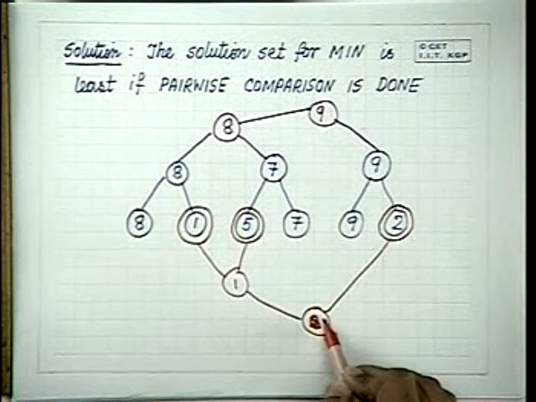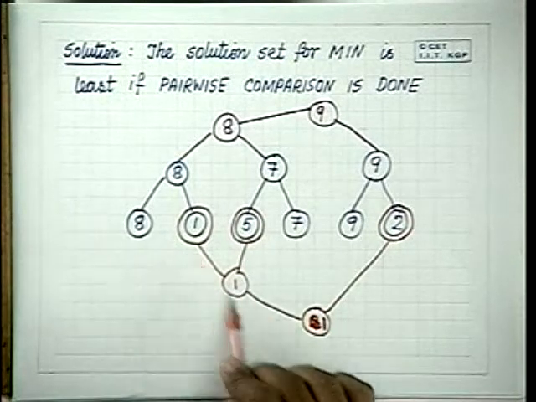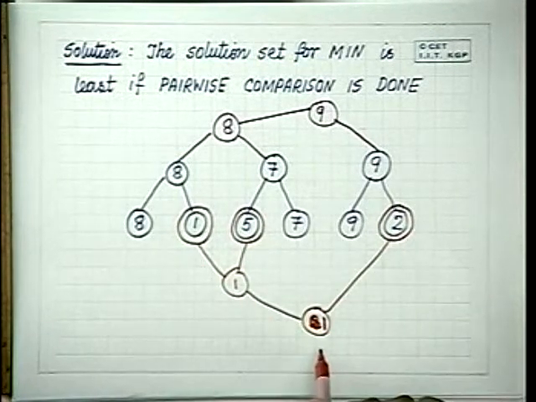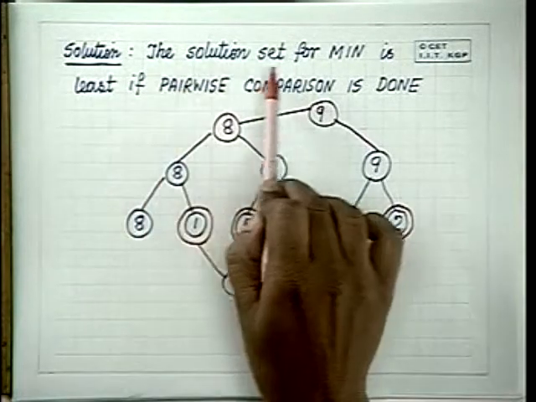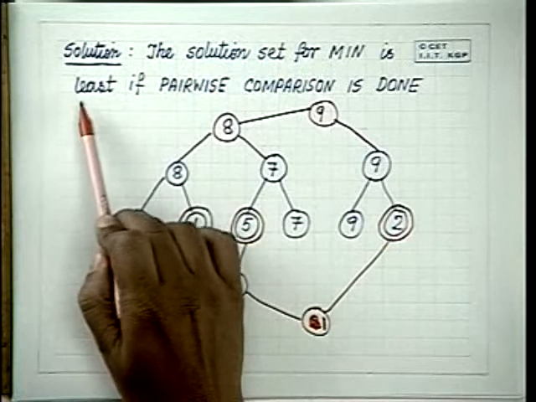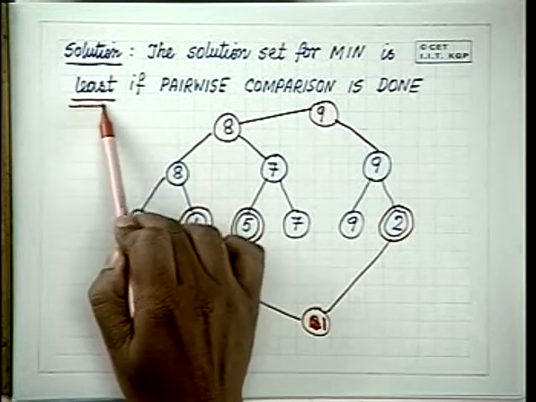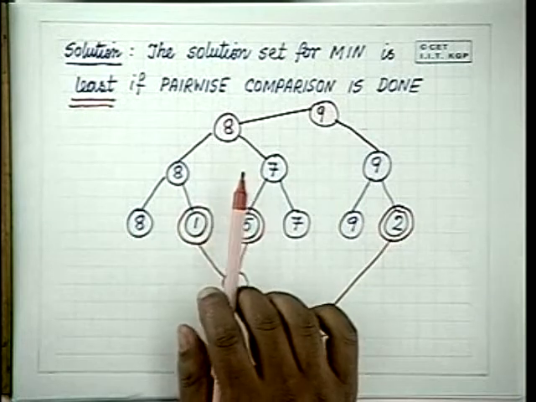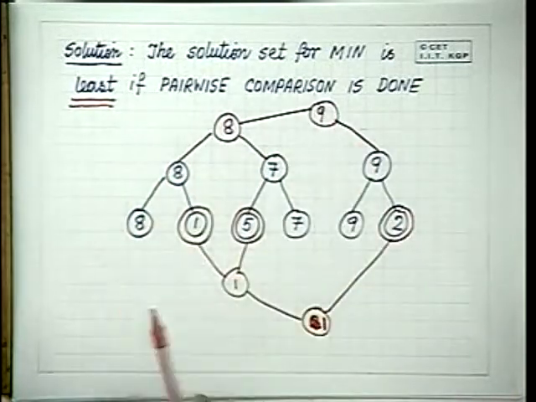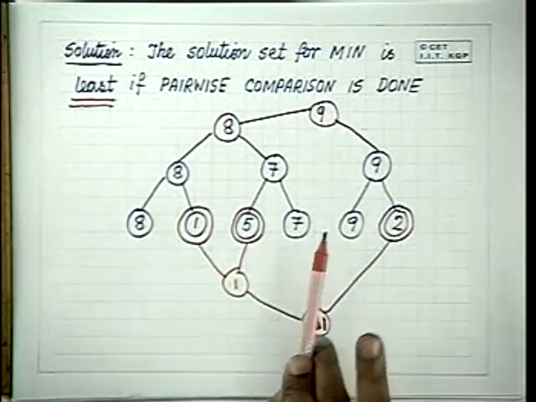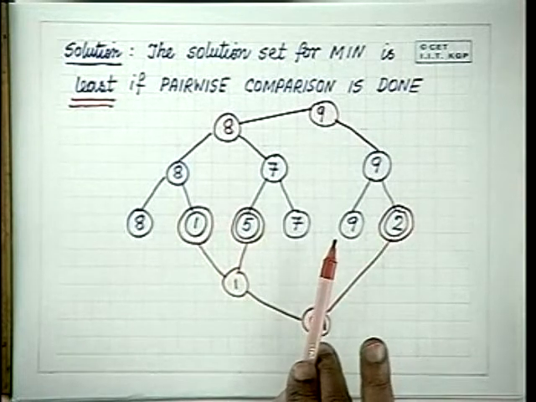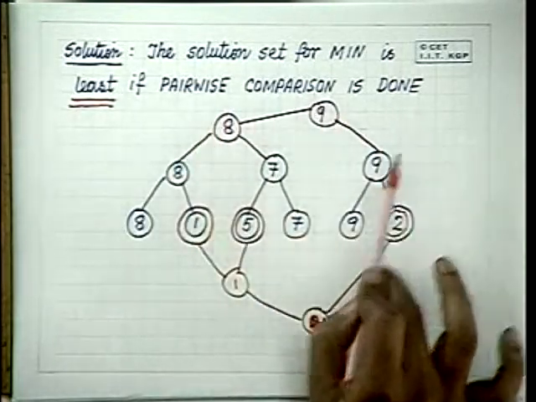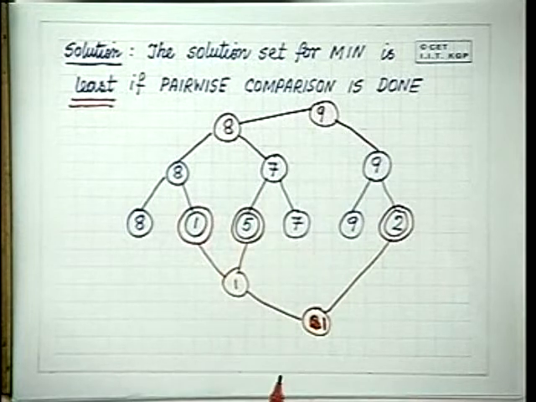Sorry, this will be 1, and declare the minimum. So the solution set for min will be least. I am just giving an informal argument, you can just sit down and prove it, it will not take much time. If pairwise comparison is done, it will be least in other situations also, but at least if pairwise comparison is done, it is definitely going to be least.